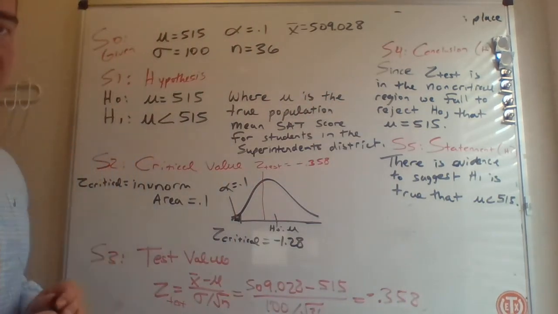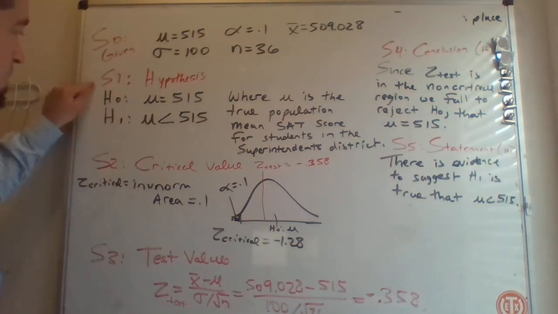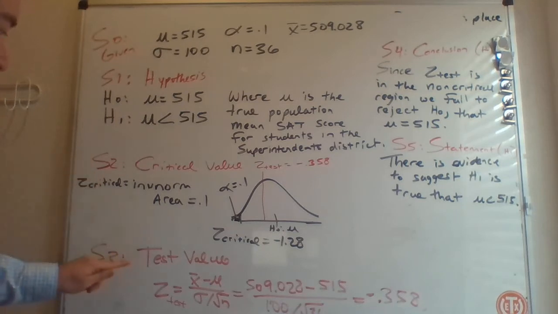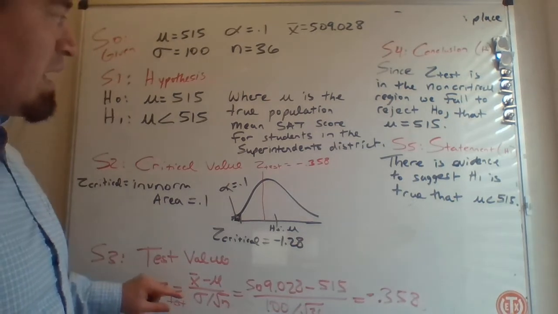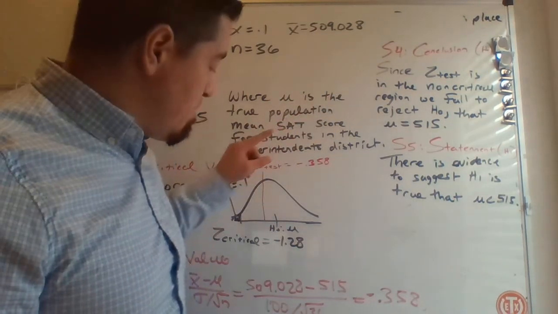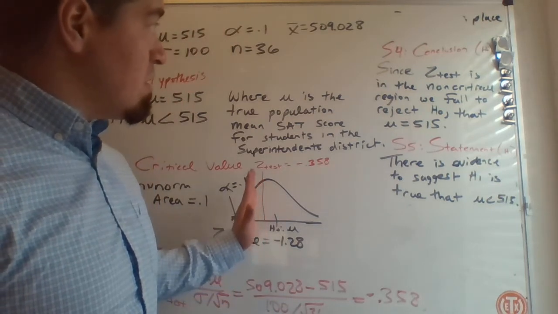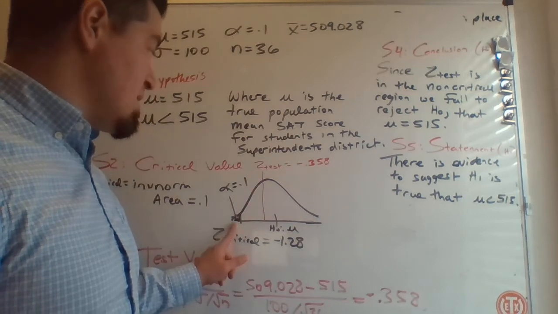Okay, so this is kind of a complete hypothesis step. Step 1, we wrote the hypothesis. Step 2, we did the critical value using the inverse norm. Step 3, we found the test value using the formula. We'll have some different formulas coming up. And then step 4, based on the test statistic, if it fell in the non-critical region, we fail to reject, or reject if it's in the critical region.